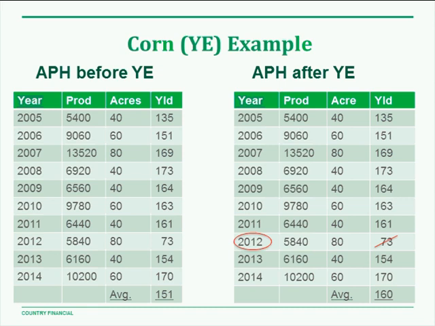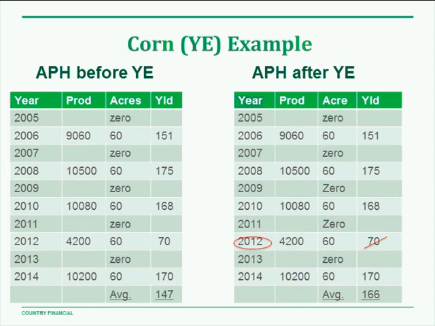Therefore, in this example, a 9-year average is 160. If this customer chose the yield exclusion, his APH would go from a 151 all the way up to a 160, and now his guarantee would be based on a 160 APH rather than the 151.